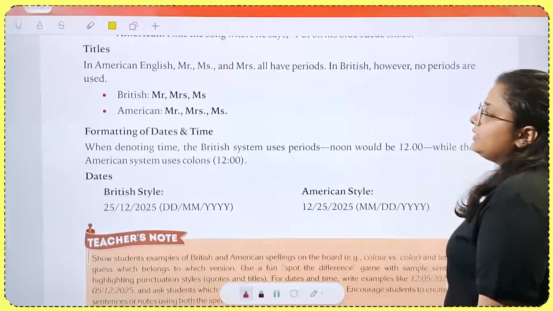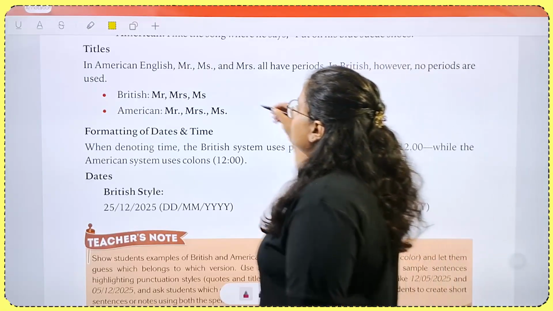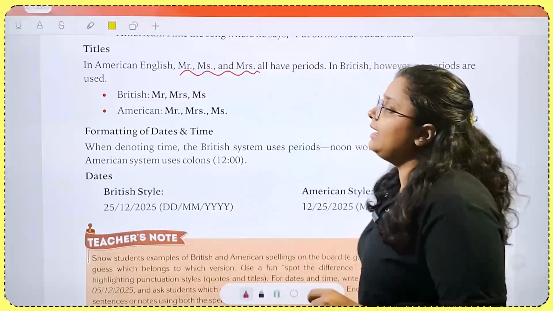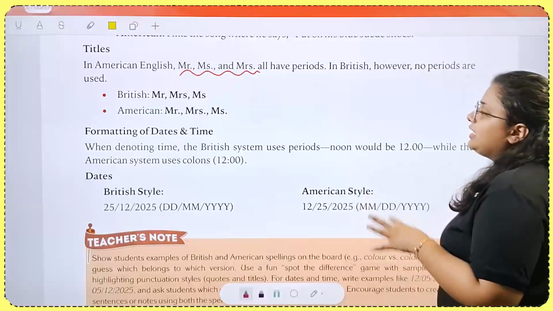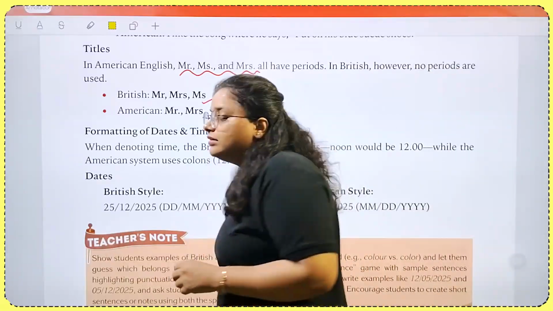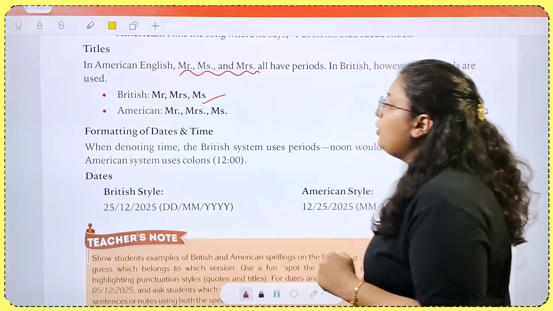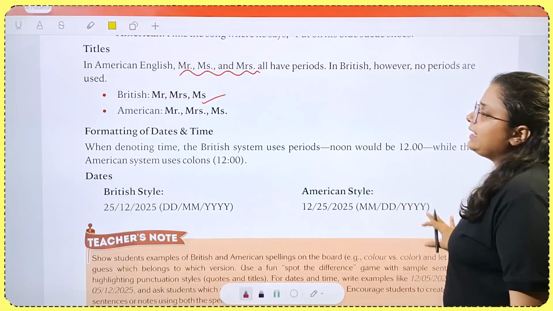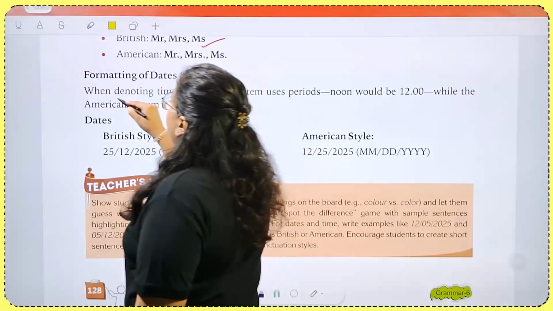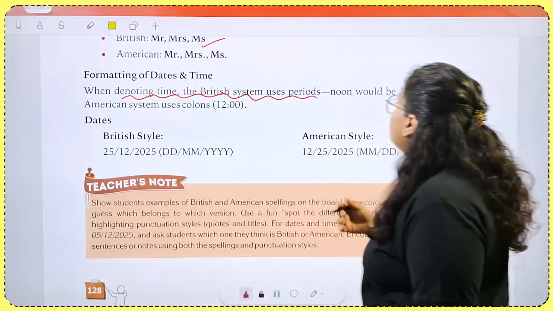Titles. In American English, Mr., Miss, and Mrs. all have periods, a full stop at the end. But in British English, there are no periods. These are considered complete on their own. Now, formatting of dates and time. When denoting time, the British system uses periods.